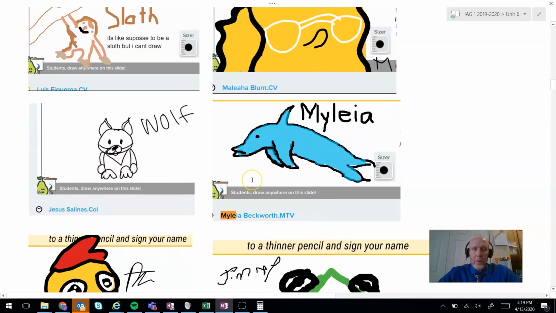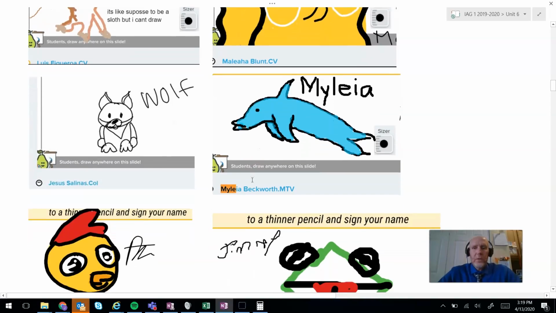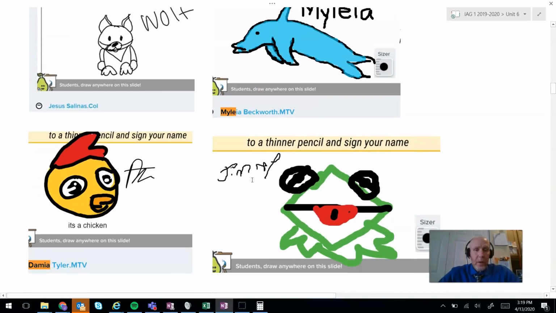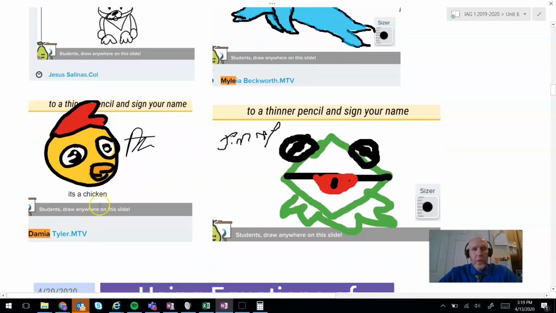Mylea from Montview, she's got a nice dolphin there. And Mia, in case you weren't aware, this is a chicken, she tells us, and it truly is a chicken. And Jimmy is a big fan of Pear Deck because he likes to draw this frog, sometimes instead of doing his math. But he did his math today too, and I appreciate that. So Mia and Jimmy are both from Montview as well.